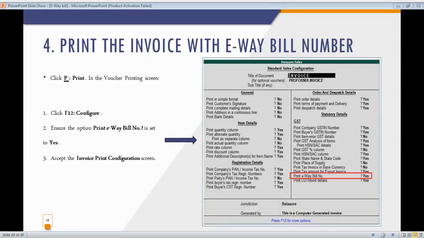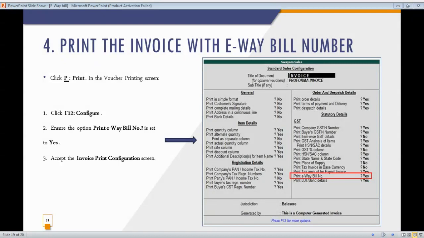When it comes to the item details, print quantity column, alternative quantity, print as a separate column, print actual quantity column, print rate column, print discount column, and additional description for a new item, item name. If it is necessary, you can set it as yes. If it is not necessary, you can set it as no.